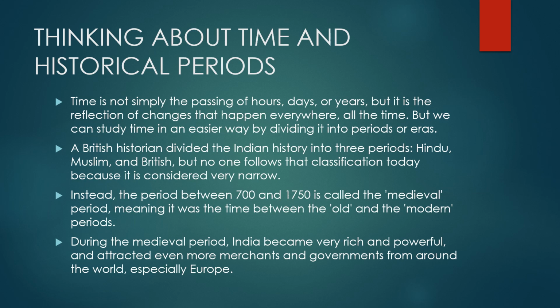Instead, the period between 700 and 1750 is called the medieval period, meaning it was the time between the old and the modern periods. During the medieval period, India became very rich and powerful and attracted even more merchants and governments from around the world, especially Europe.